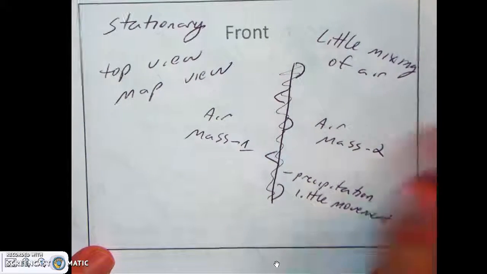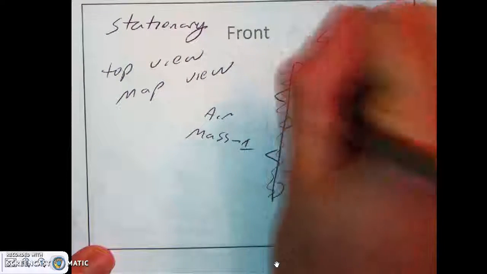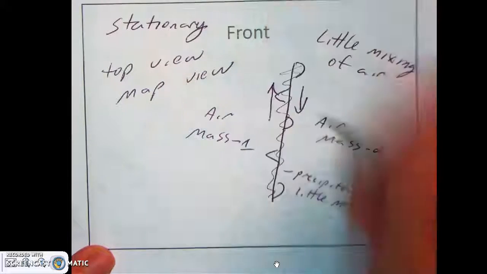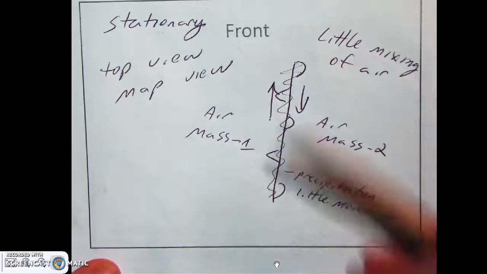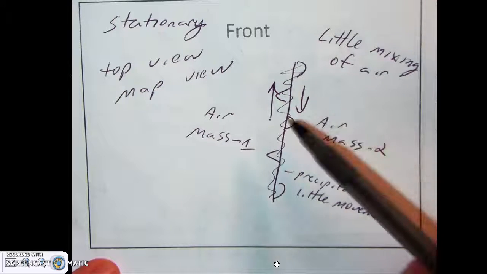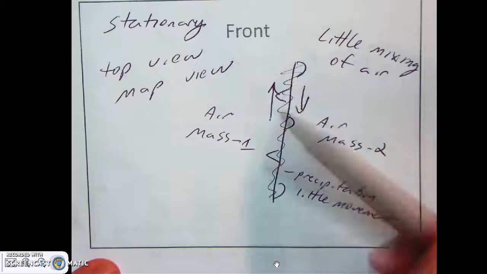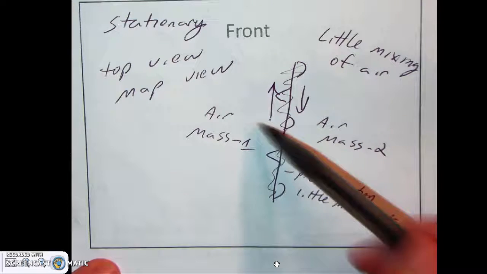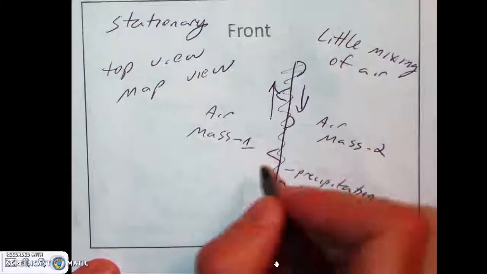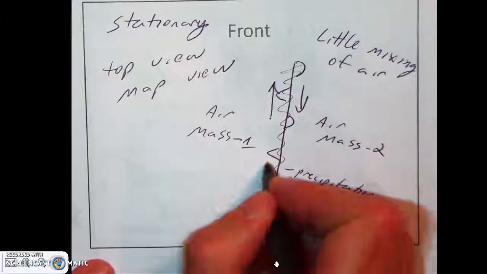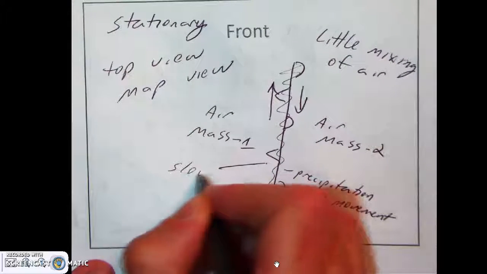I've been told that the air moves laterally, or sideways, but not across the boundary. I'm not certain exactly how accurate that is, but it's more like the air is moving along the boundary instead of across it, which means with the stationary front, you'll have a slow, steady rain.